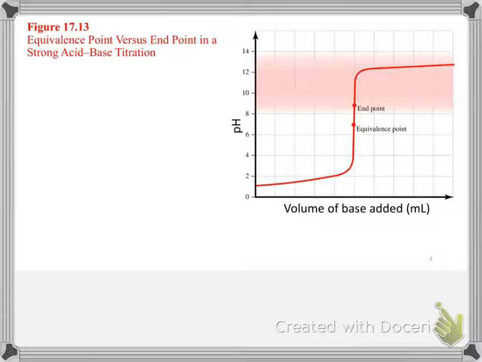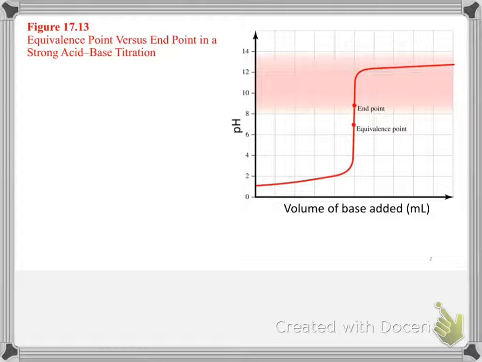The equivalence points of many weak acid, strong base titrations are in the pH range of phenolphthalein color change, which is 8.2 to 10. But here, first thing, 17.13.